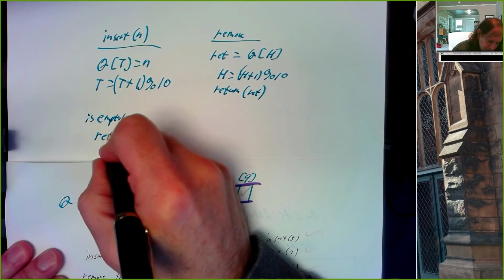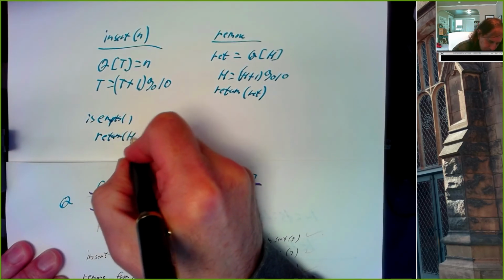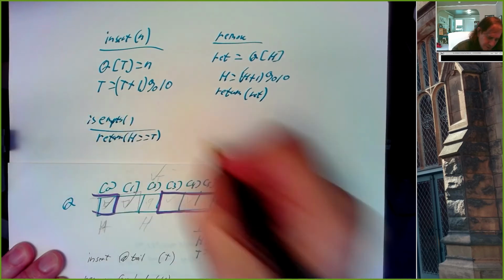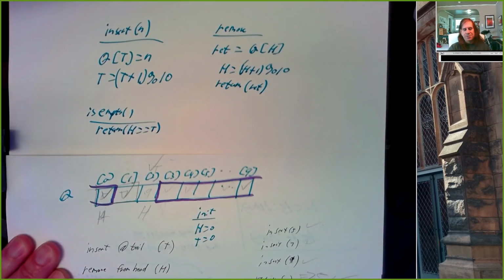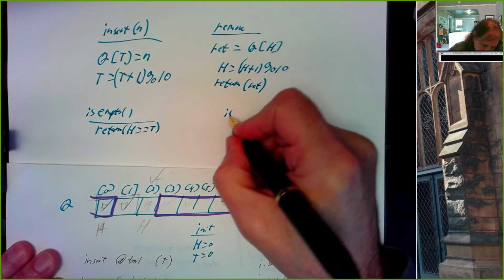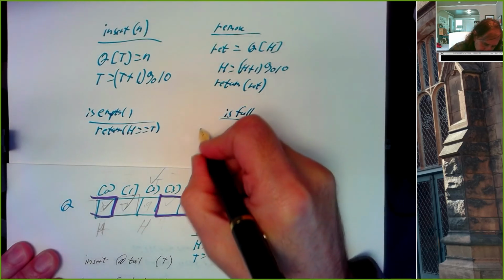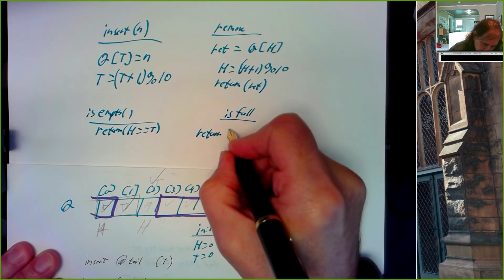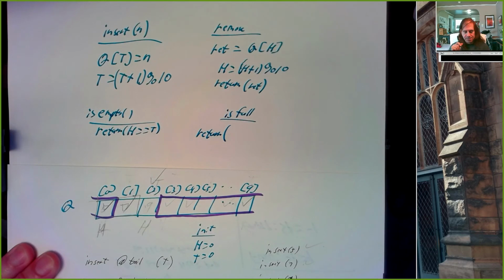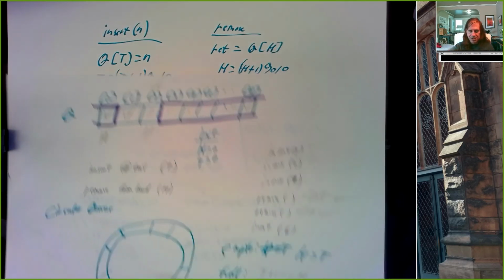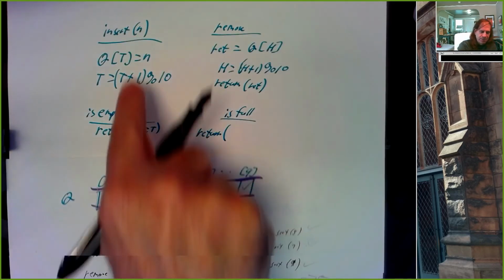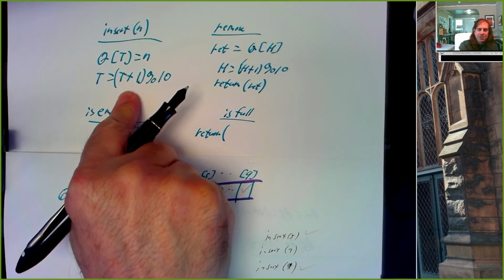Is empty. Just return whether the head and tail are equal to each other. Is full. We want to know if doing an insert would cause the q to look empty.